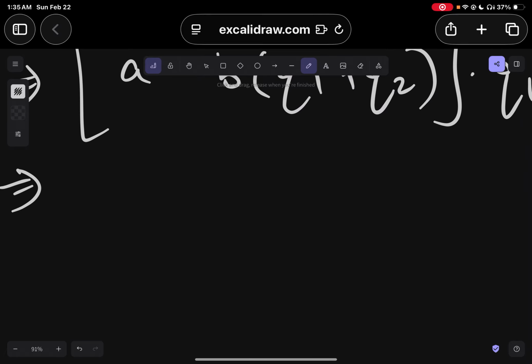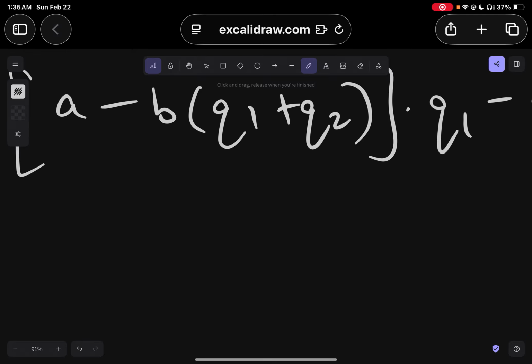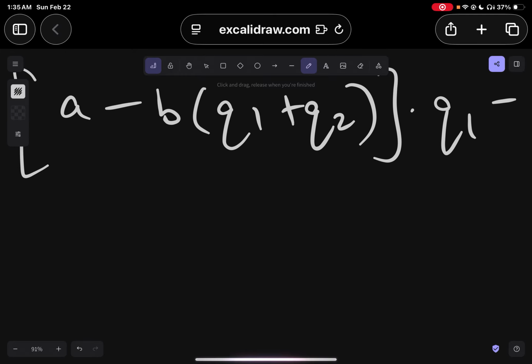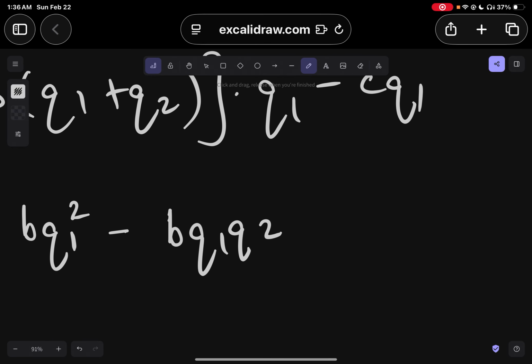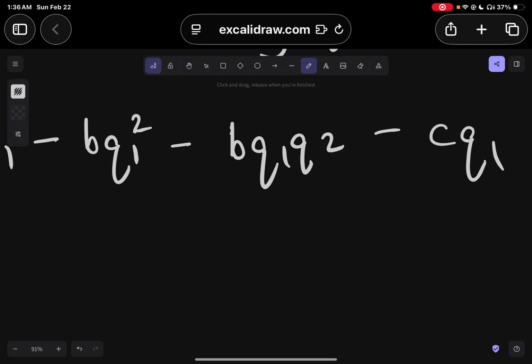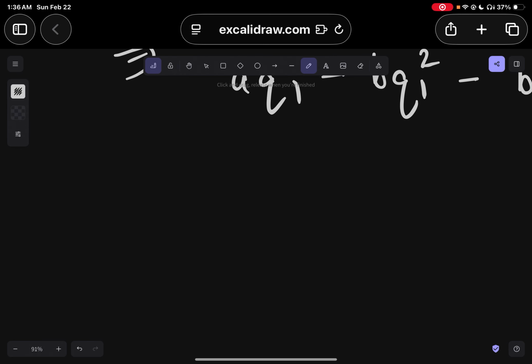Then we multiply the outer Q1 with all the inner brackets. So AQ1 minus BQ1 square minus BQ1 Q2 minus CQ1. I hope it makes sense.